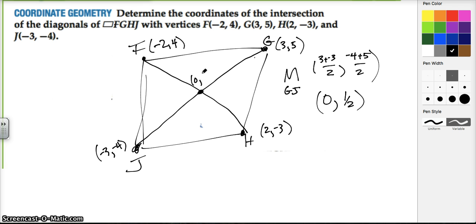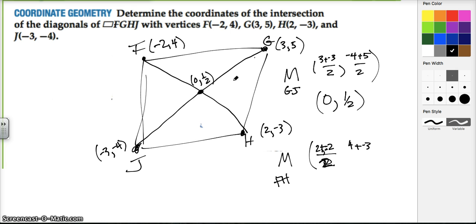So that legitimately is the point. I could have found the midpoint of this one just to prove to yourself that it works out the same. And so that's the midpoint of FH. The average of those two would be 2 plus negative 2 over 2, and then 4 plus negative 3 over 2.